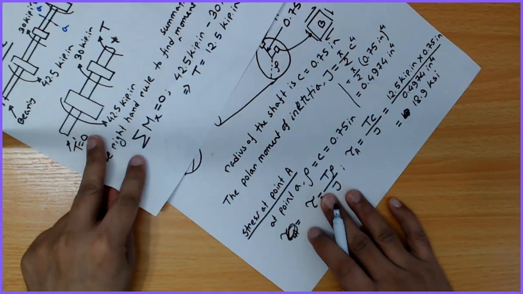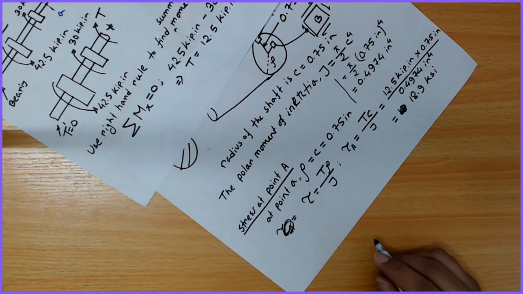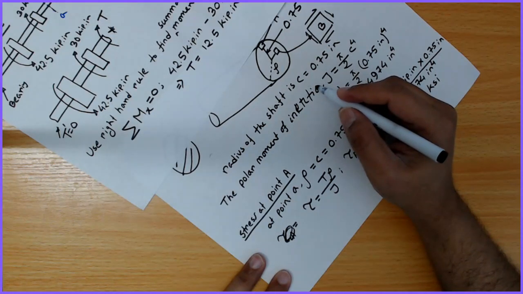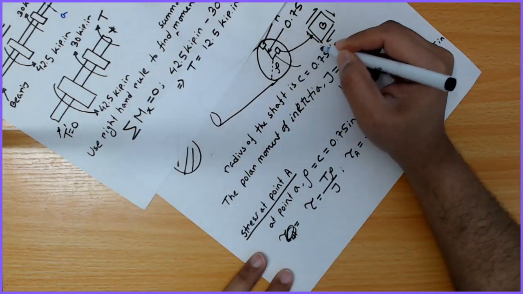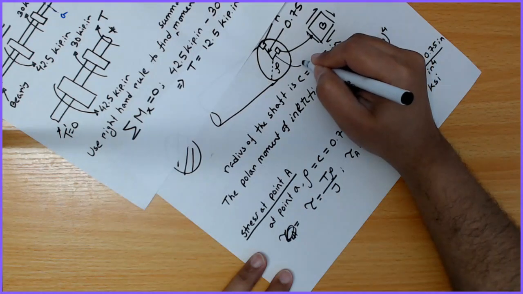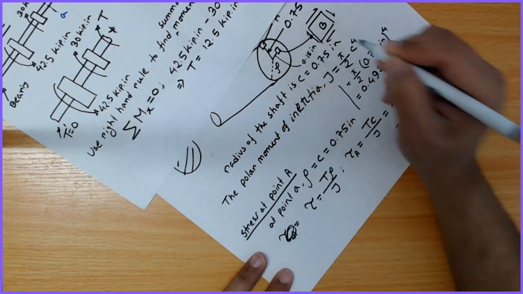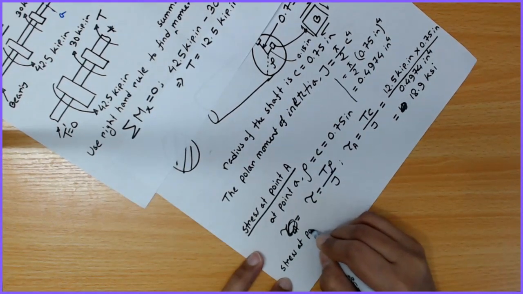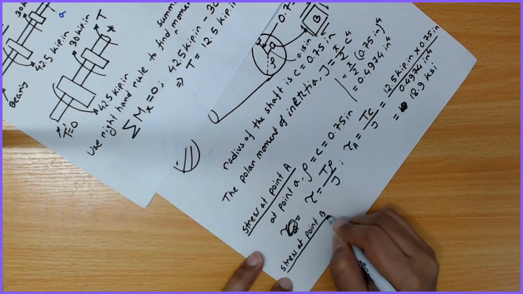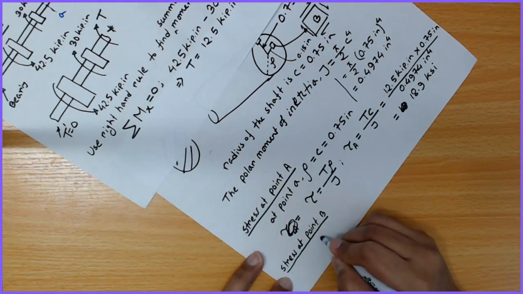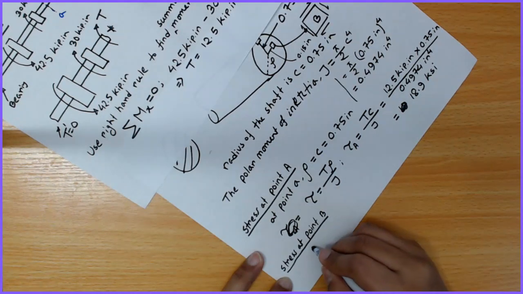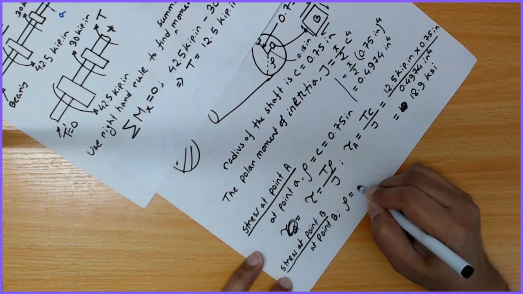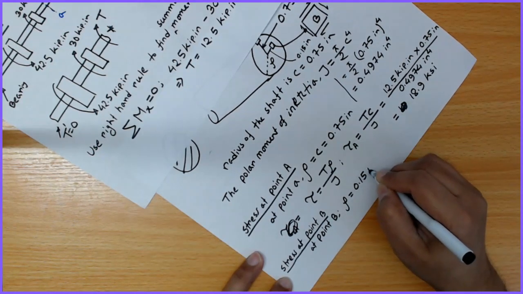Similarly, from figure 5.11c, we know this point B is located 0.15 inch away from the center. Stress at point B. So now at point B, my rho is equal to 0.15 inch.